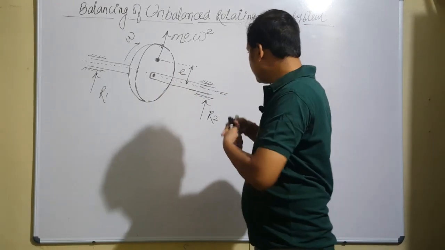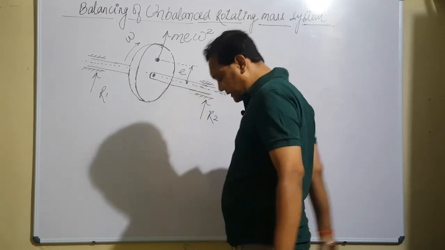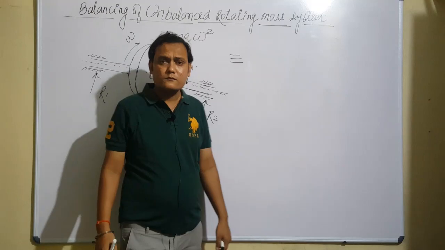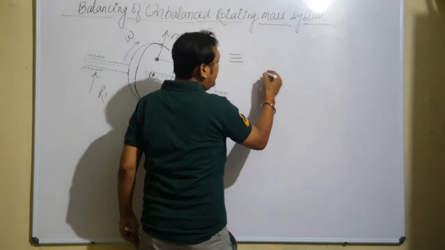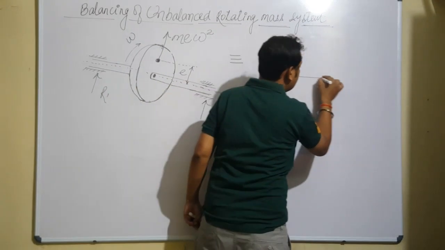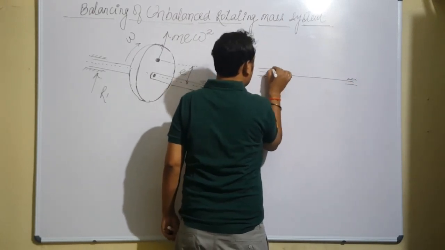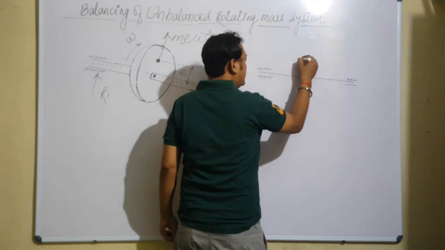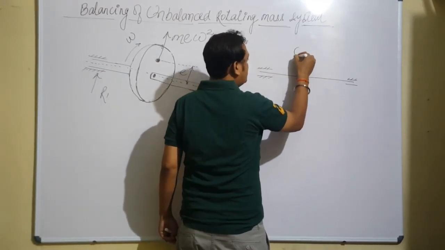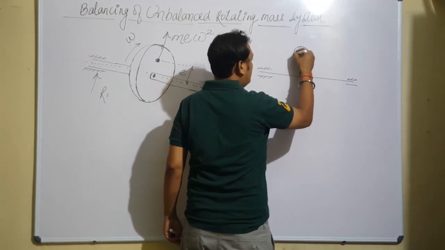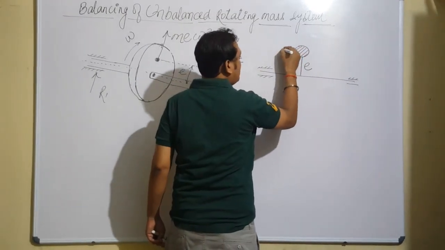Okay. If you simplify the problem, this equivalent system in a simple way I can represent like a shaft and a point mass at a distance e, eccentricity, with the same mass as the system, m.